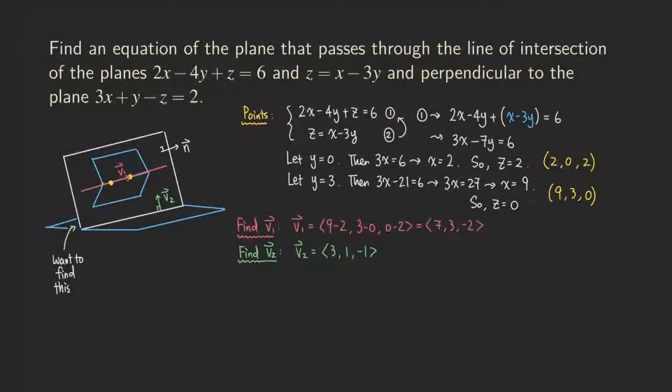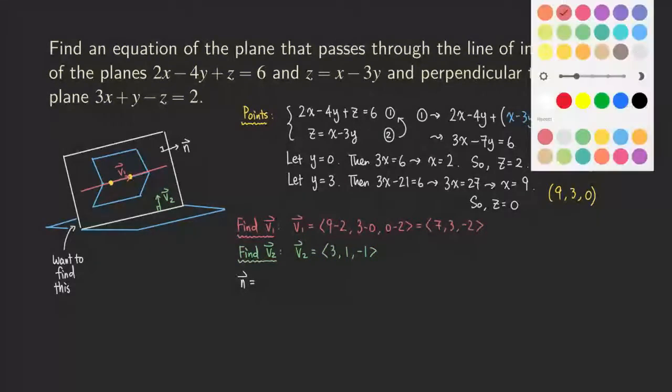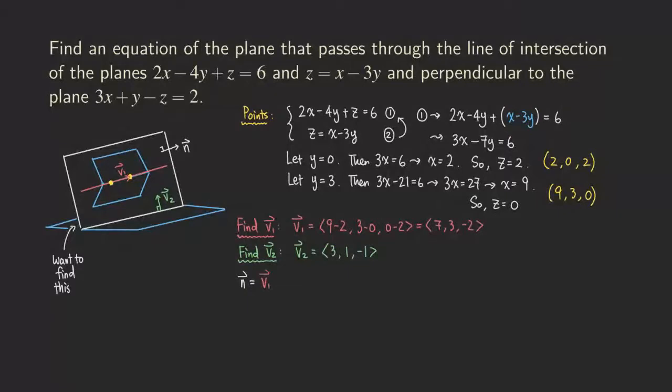Okay, now let's continue. The vector normal to the plane, I would simply put the n right here instead of writing down the words. So we are going to have v1 cross v2.